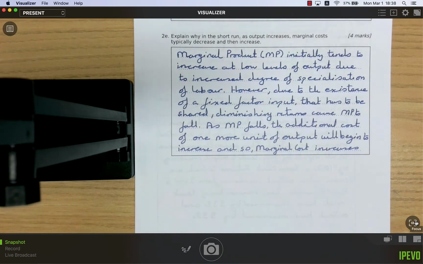So marginal product, the extra stuff that is made as a result of hiring one more worker, it initially tends to increase at low levels of output. Well, why? As you have one worker, that worker is doing every single job. And as you employ more and more workers at low levels of output, so obviously one worker is the lowest you can have, right? Well, I suppose 0 workers you could, but it's still very, very low.